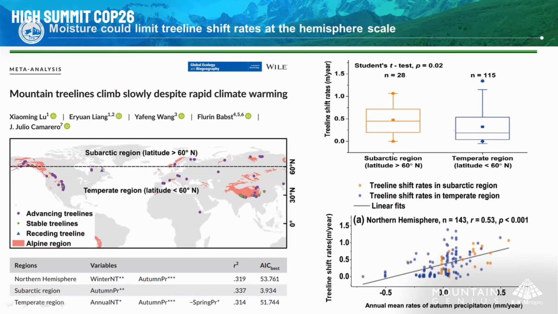We can see that some tree lines at high latitudes move much faster than at low latitudes. But we also found that not only temperature, but also precipitation is a limit for the tree line shift.